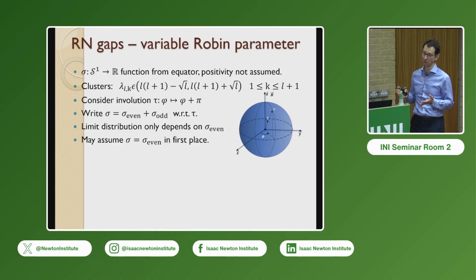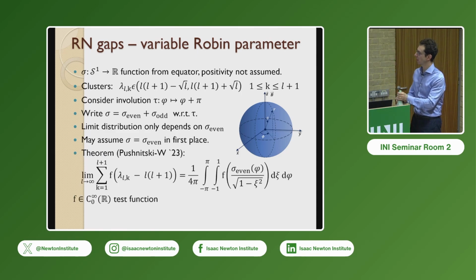We can therefore assume that sigma equals sigma even. That is, in the first place, we can assume that the sigma that we started with is even. This is not obvious at all, but it turned out from our work. Now the theorem is the following.